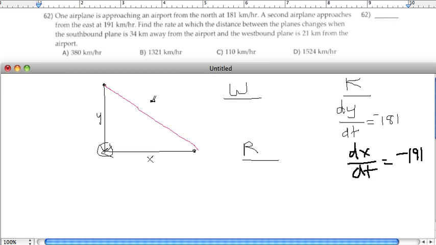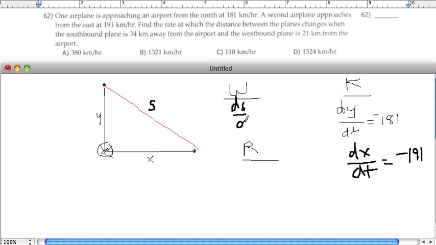And then what else? Let's let this be s, because I always use s for the distance. Find the rate at which the distance between the planes changes. So that's ds/dt. We want ds/dt.